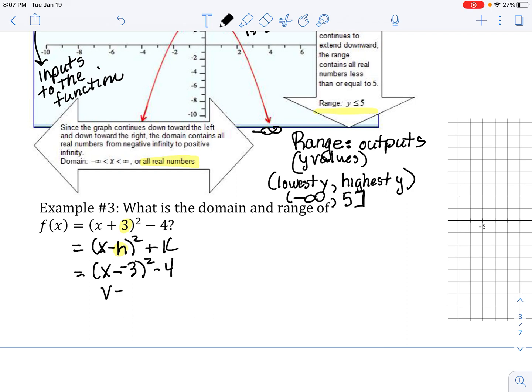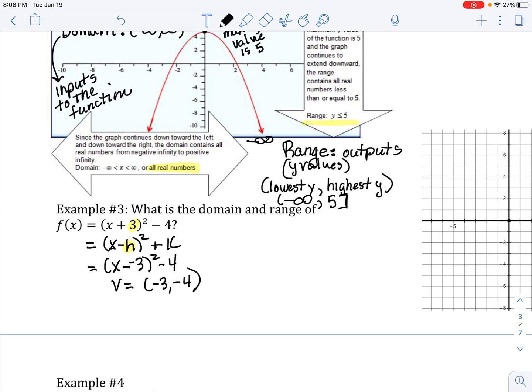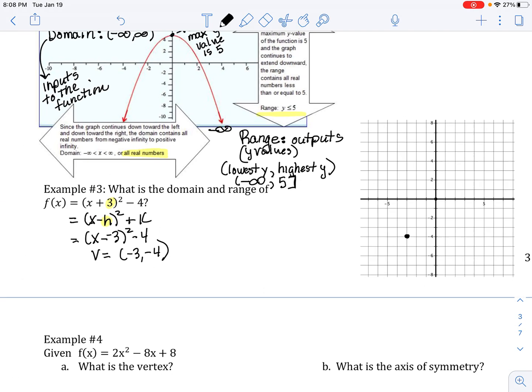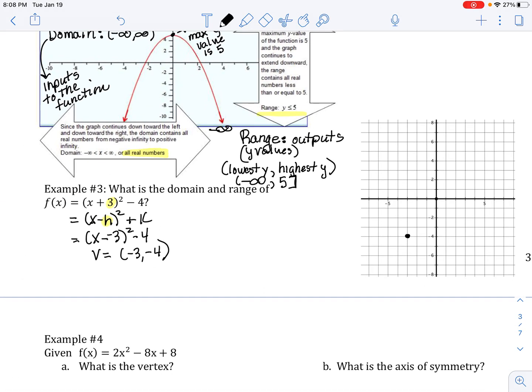And then minus 4 would mean our vertex is negative 3, negative 4. So sometimes you have to rethink it in your head to pull out the h value. So negative 3, negative 4. So negative 1, negative 2, negative 3, 1, 2, 3, 4. There's my vertex.